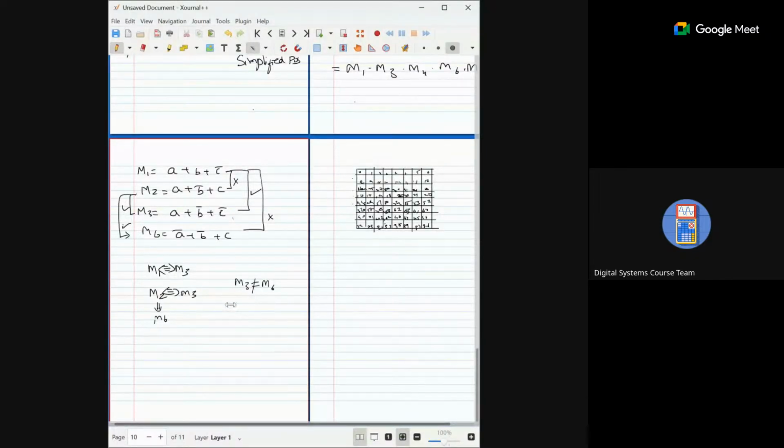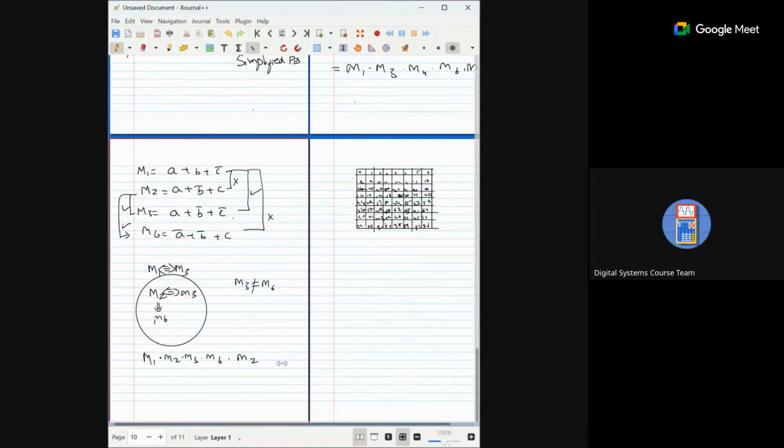But in another aspect, if I have M2 duplicated, two times M2, this can reduce more literals. M2 can be joined with M3, and I get one reduction. M2 again joined with M6, and I get another reduction. So if I have M1 dot M2 dot M3 dot M6, I can simply again multiply with M2.